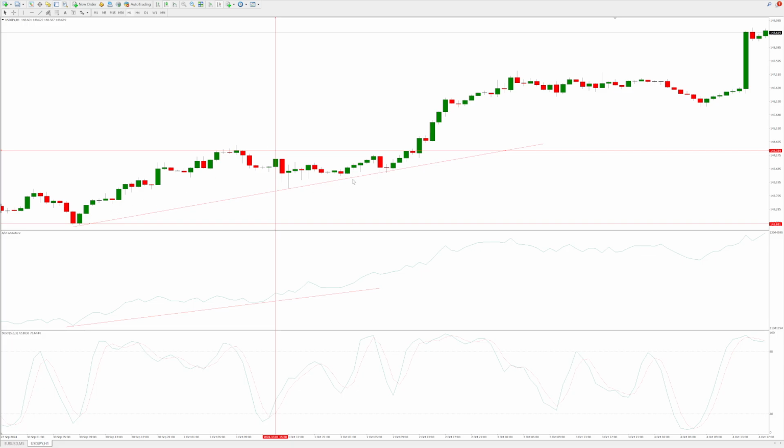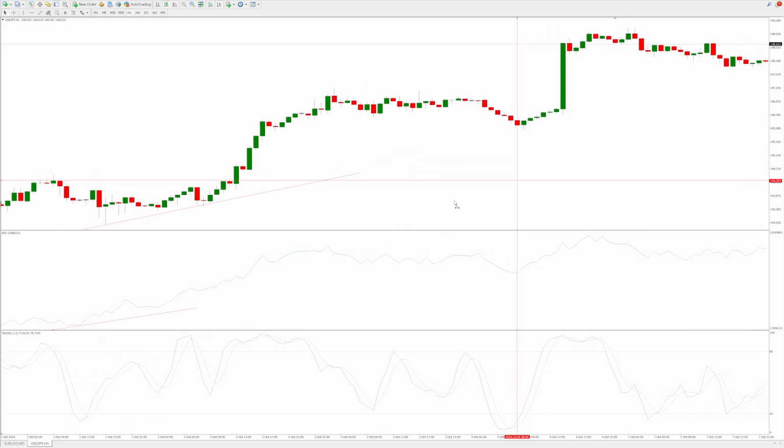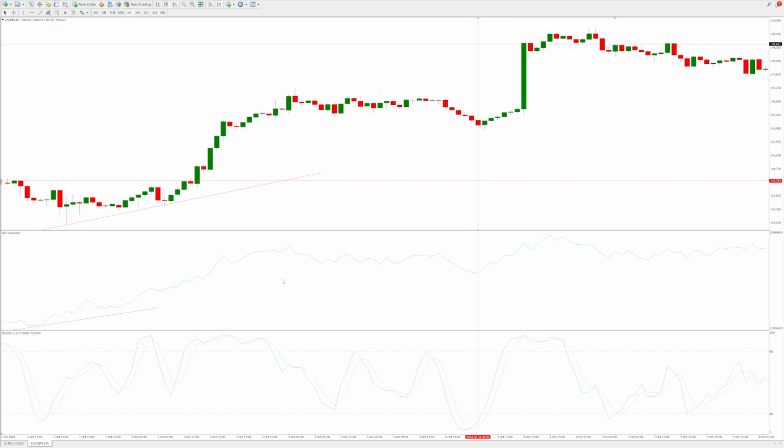But if we let the trend develop a bit more, you would have just come away from the resistance level as well, so it might not have been the ideal time to buy on that particular stochastics. Whereas over here you can see the crossover, still some momentum left in the trend.